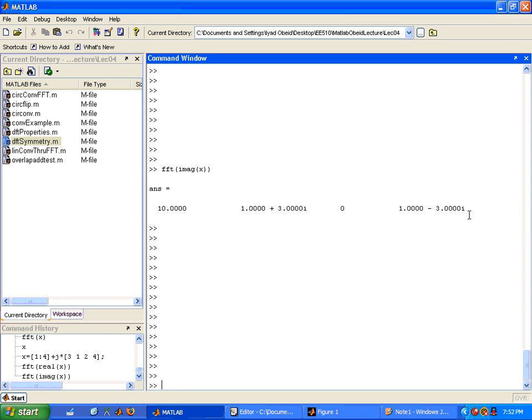Is it conjugate antisymmetric? Actually, no, I think it's conjugate symmetric. But the book says very clearly in table 5.1 that if I take the Fourier transform of the imaginary part, I should get conjugate antisymmetric. What did we do wrong?